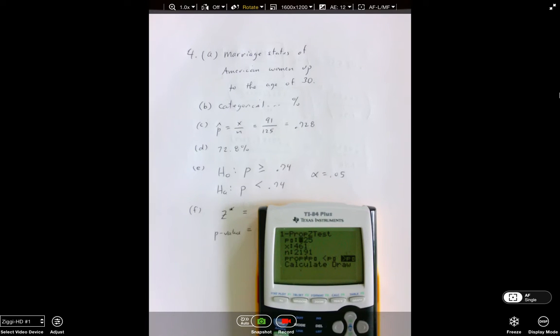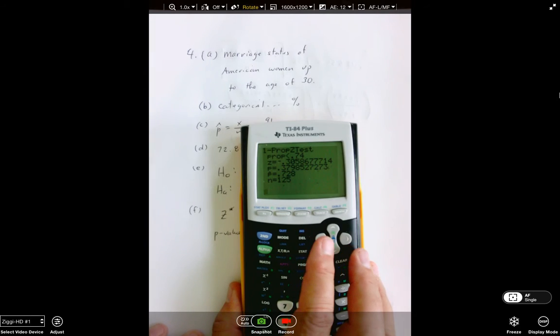All right, so P0 here is .74. My count is 91. The total sampled was 125 women. And I want to test less than. Calculate.